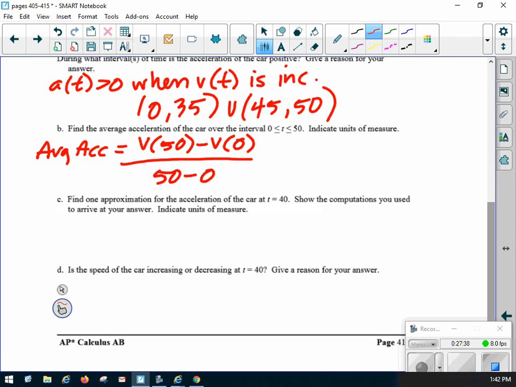Grab your calculator. Oh, mercy. Gotta find 50. You do know that you can go to your table set and start the table at 50 if you wanted to, right? So that's how you could use the table instead of having to scroll through the whole thing.